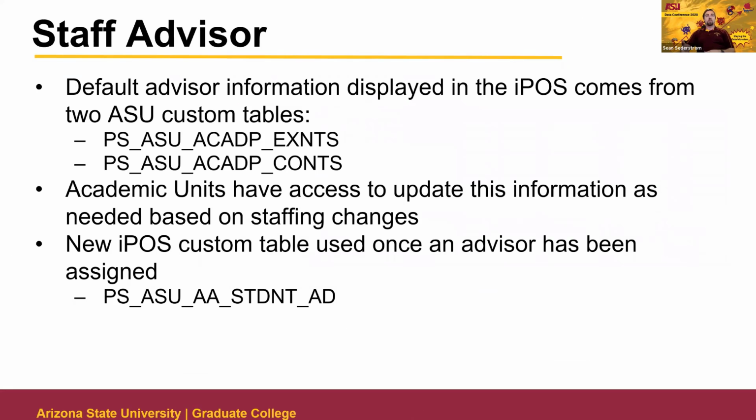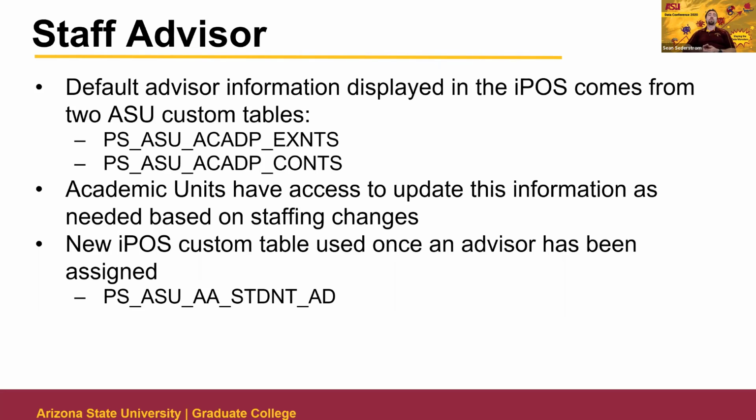From the data perspective, these are the tables that back the staff advisor structure. Like I mentioned, the plan extensions tables. The AKP extends is the one that pulls in the generic information: the department phone number, email address, and advising URL if they've entered one.